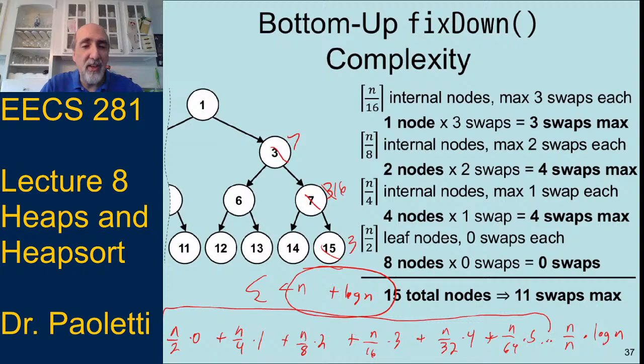So that's why this bottom-up fix down is O of n complexity: we do the most swaps when we have the least nodes. Most of the nodes, half of them in fact, do 0 swaps. Half of those do at most 1 swap. Half of those do at most 2 swaps.